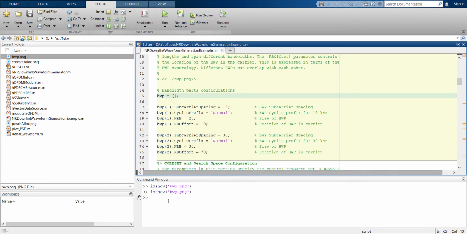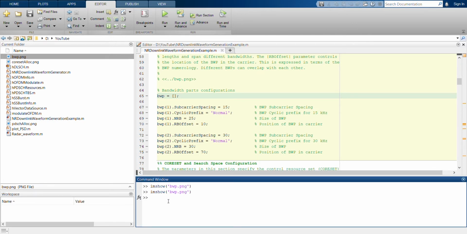If you remember, one resource block is 180 kilohertz, so 180 kilohertz times 25 is the bandwidth we are defining for the first bandwidth part, and the resource block offset is 10.